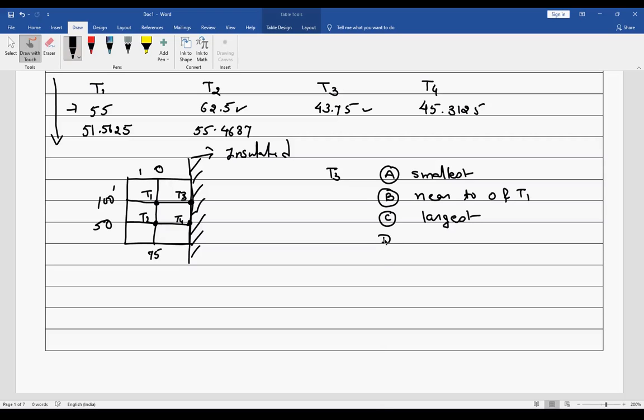Option D, no heat transfer at T3. Okay, so difficult choices are there. So answer me.